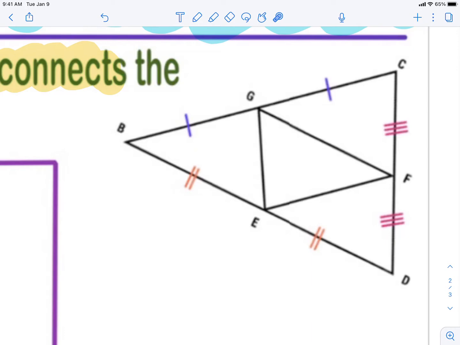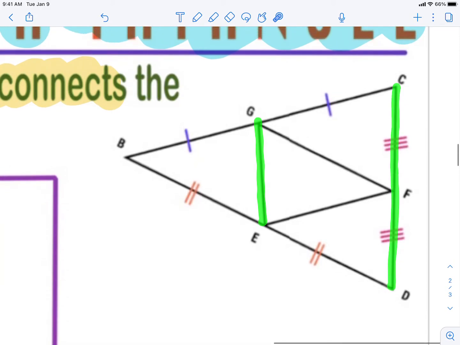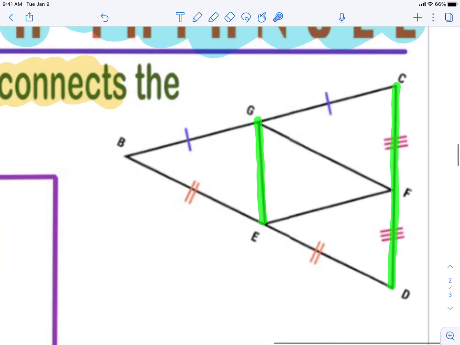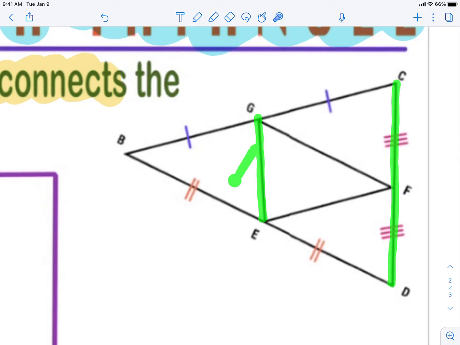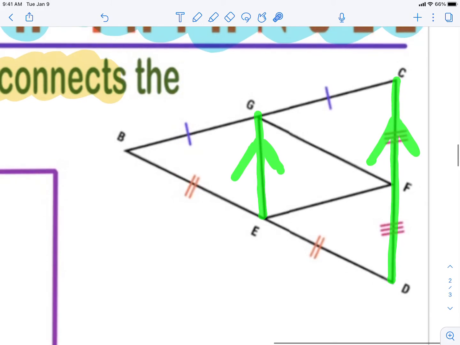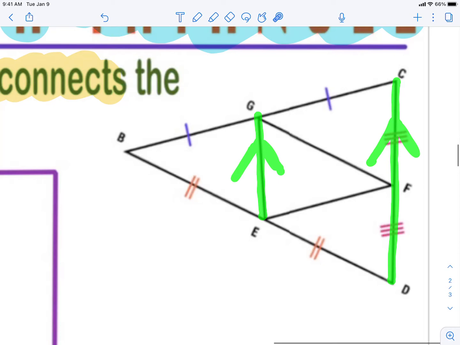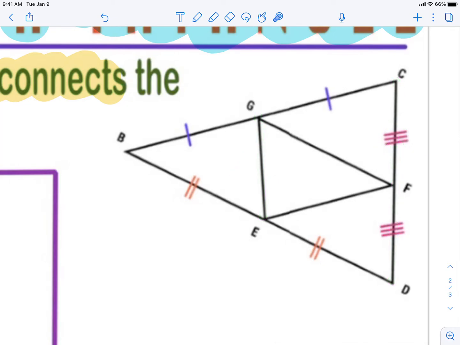First, when I connect G to E, this segment is parallel to C to D. Parallel means that these two segments will never touch. They go on forever and ever, and they will never touch. They're parallel.